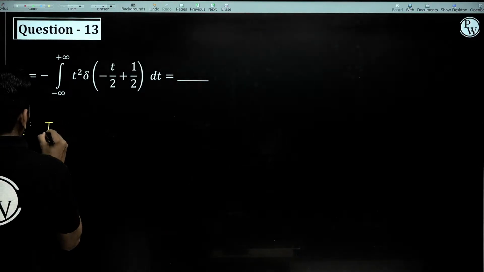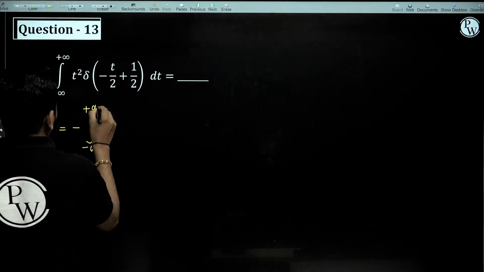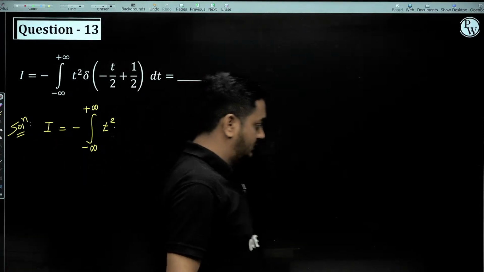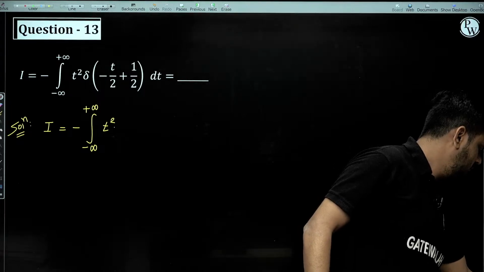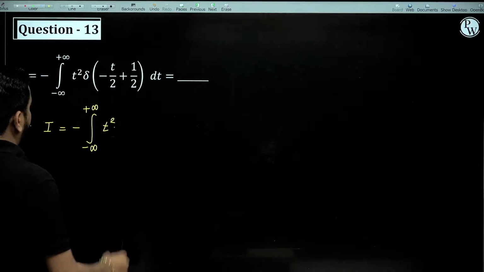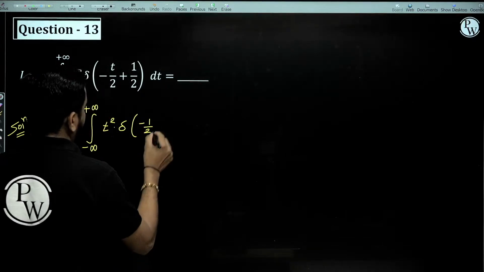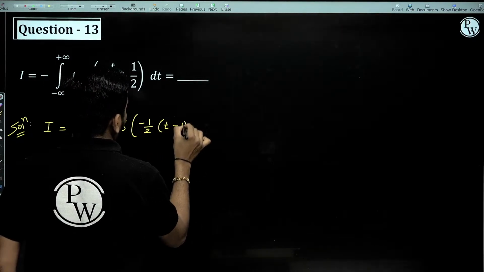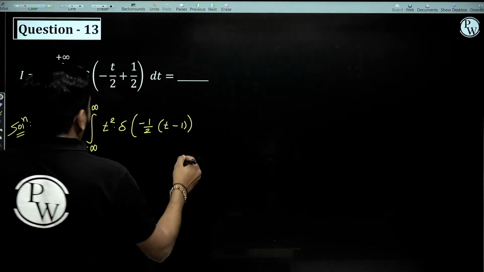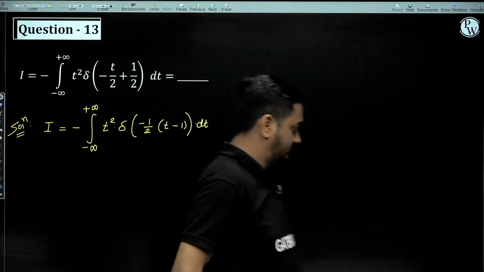So I is equal to integration from minus infinite to plus infinite of t square. The del scaling factor is minus 1 by 2, so this is t minus 1. Correct? T minus 1. Just wait for a minute.